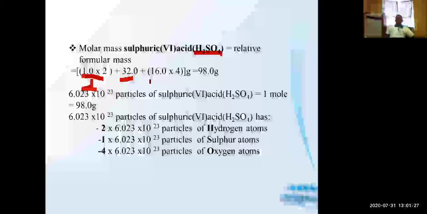If you add all of them, that is 2 plus 32 plus 64, you get 98. Just the way we have said, if you add their particles, you'll get the number of particles in a given moles of sulfuric acid, which we are going to discuss later.